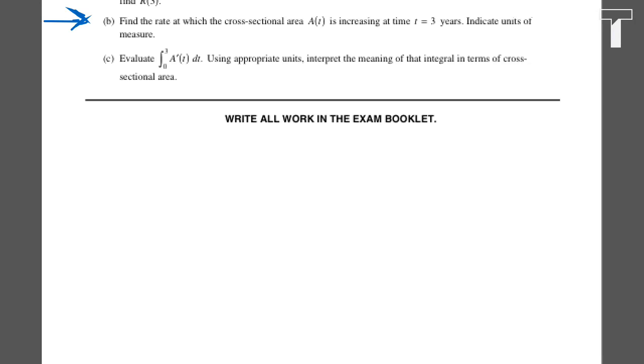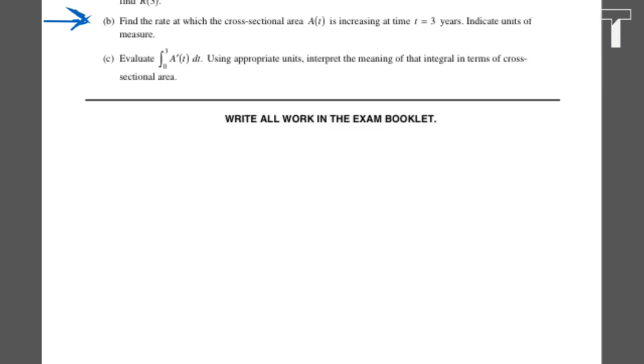So here's the related rates part of this problem. You can probably understand that as the radius of the tree trunk grows, the area of the tree trunk, if you cut off the top and just look at the circle area that was left, is increasing. So this is what we've been asked to find: the rate at which the area of the face of the tree trunk, after you cut off the tree, is increasing at time t equals 3 years.